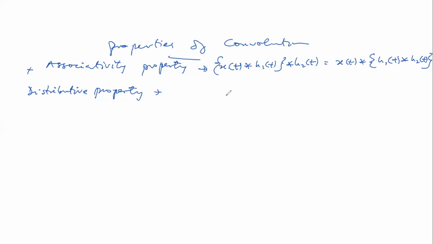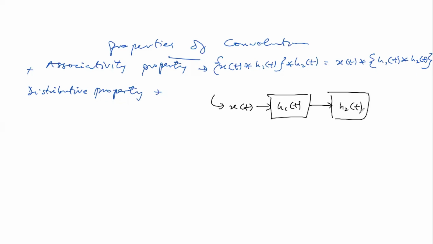So let's assume for the associativity, we have S of t. It's fed into system one, and then we now have a cascaded system, for instance. So this is H1 of t, and this is H2 of t, and we need to find this. Now, we can decide to investigate the convolution process between these two, and whatsoever the outcome is, we now find the convolution with this. So it will be these two convolving first, and then the outcome will convolve with this system. That's what we have here.